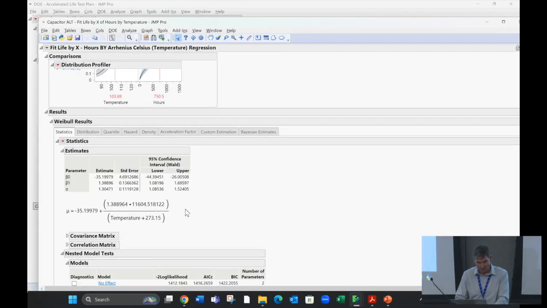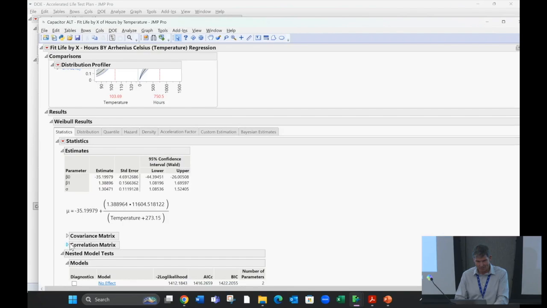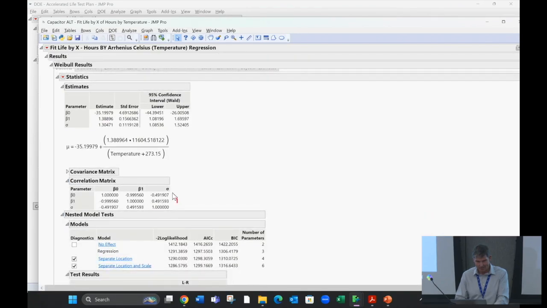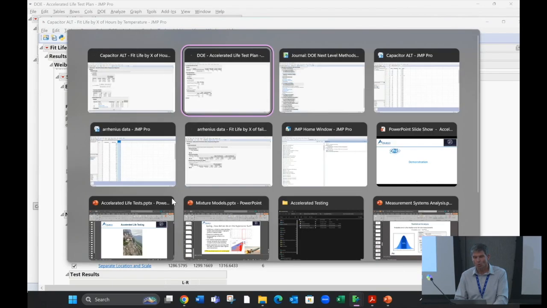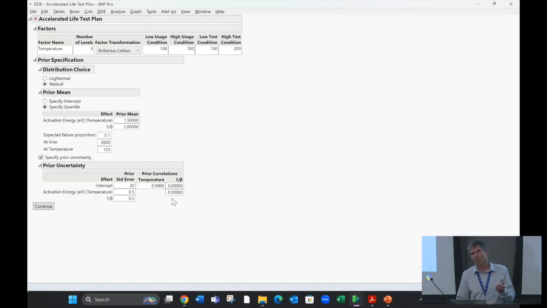Oops, no, the uncertainty, not those. They're standard errors. So the standard errors would go right here. And then the correlation, those covariances, that's these guys right here. Right there. So this is your prior information.